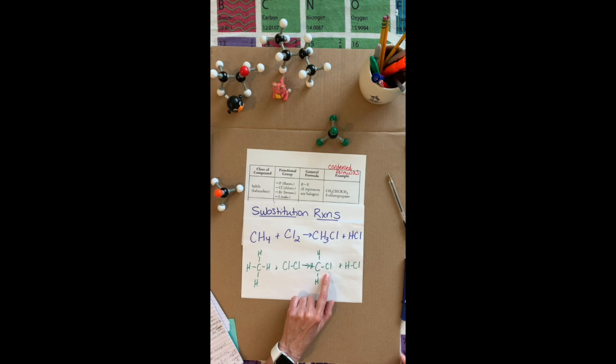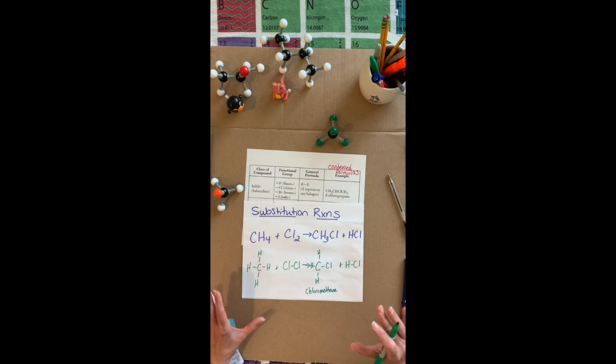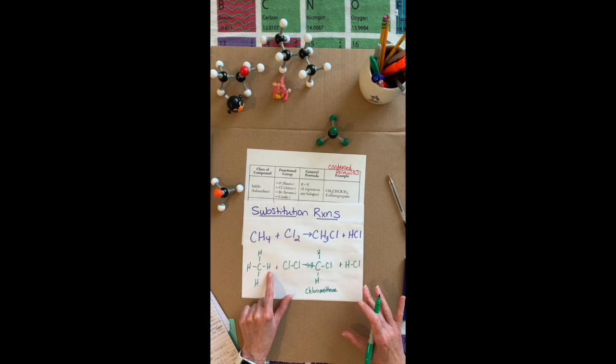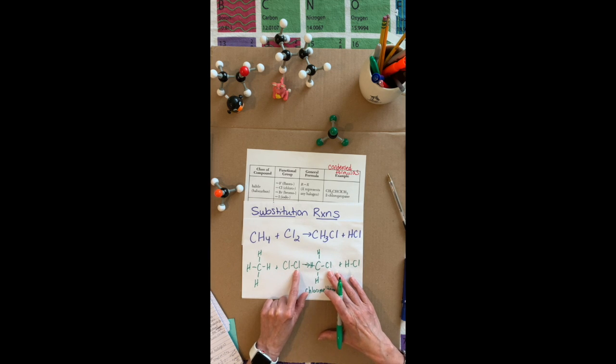In fact, this is going to be called chloromethane, and that's hydrochloric acid. So this is considered a substitution reaction because one of these hydrogens is taken out and substituted with a chlorine. The other chlorine bonds with that hydrogen that was removed to make hydrochloric acid in this case.